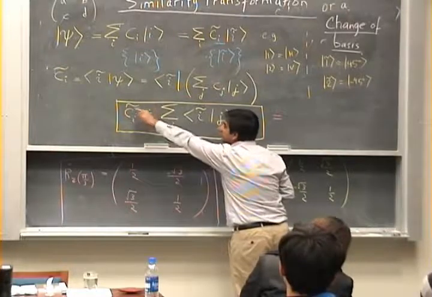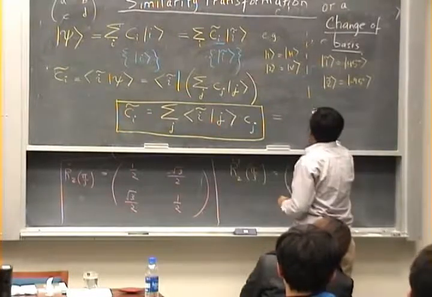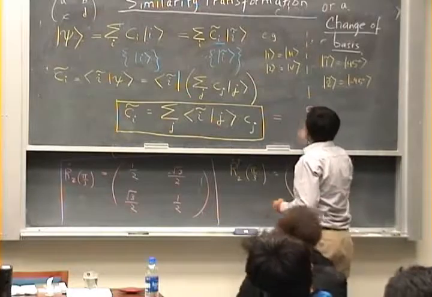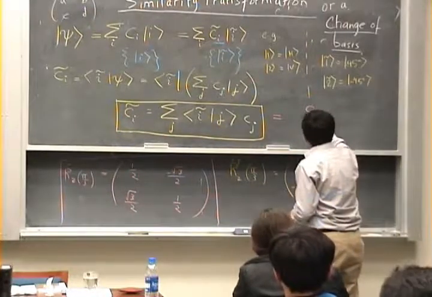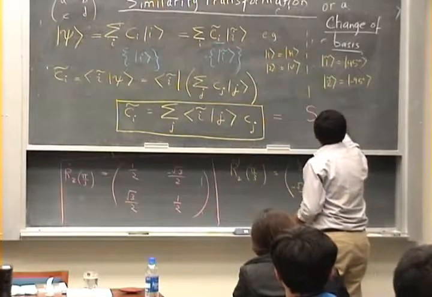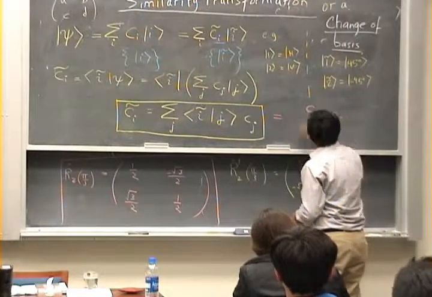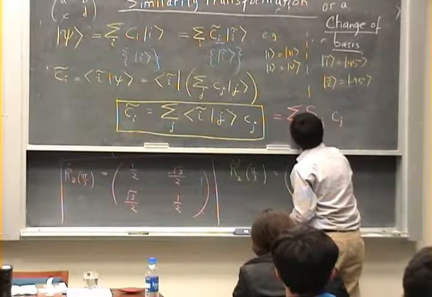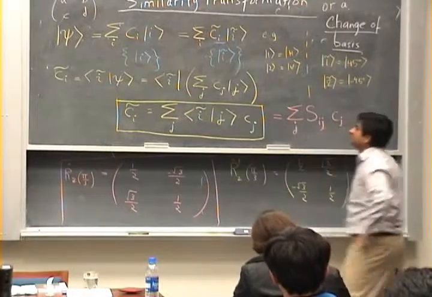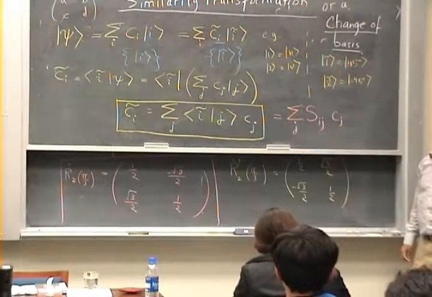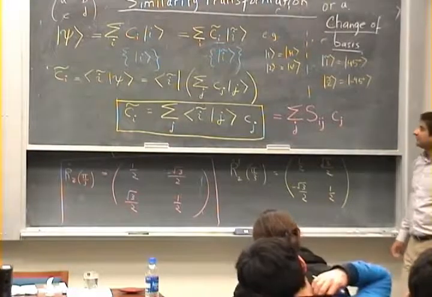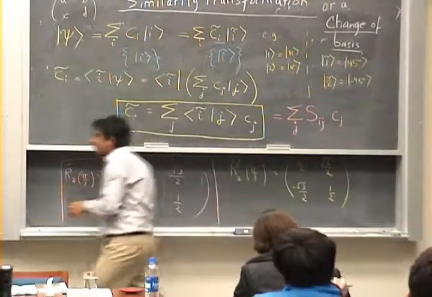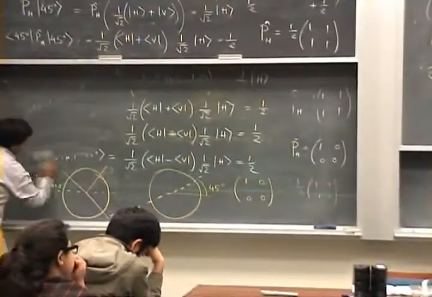So this Ci tilde just equals some matrix whose elements are given by Sij multiplied by Cj summed up over all of them. So what I have here, last couple of minutes, I cannot leave the discussion at this stage.